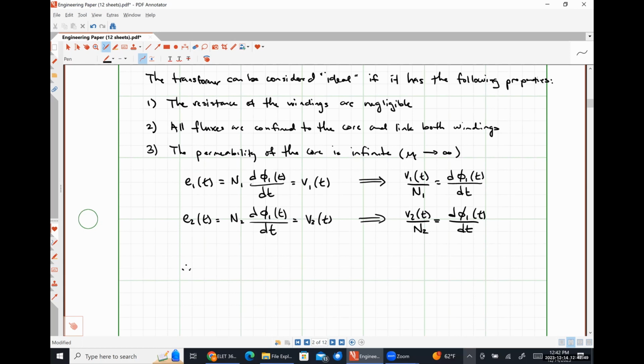So if we say that V1 of t divided by N1 is equal to V2 of t divided by N2, this relationship can be rearranged such that we see V2 divided by V1 is equal to N2 over N1, and we're going to call this A. Our turns ratio.